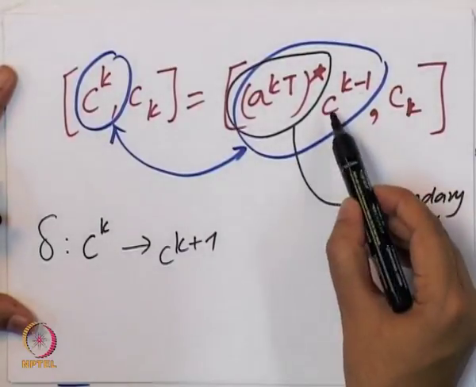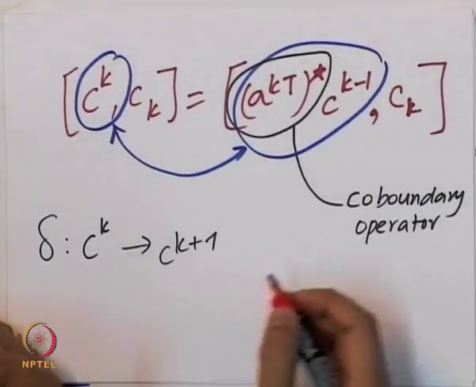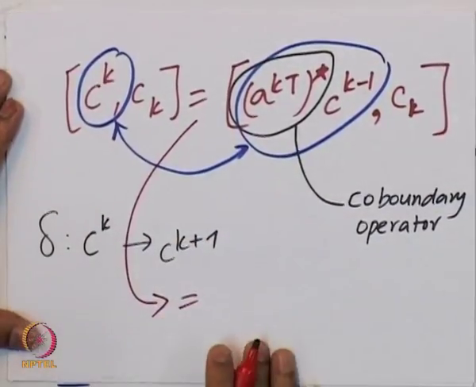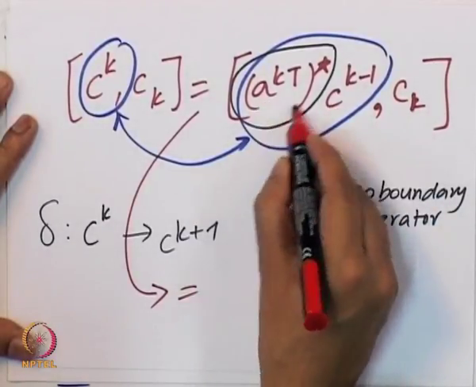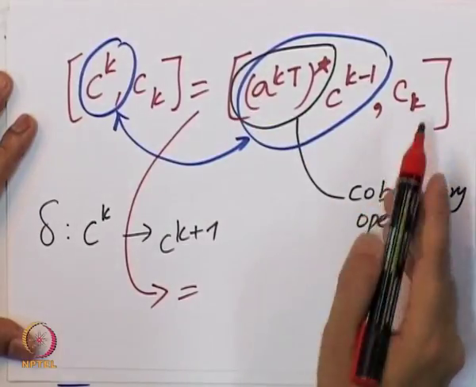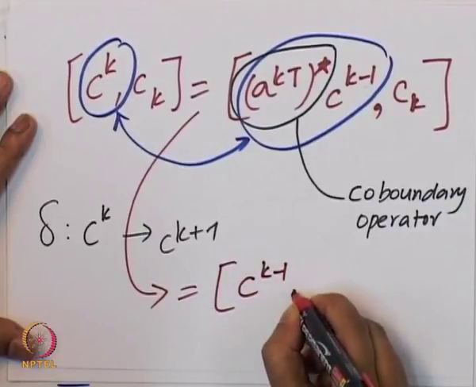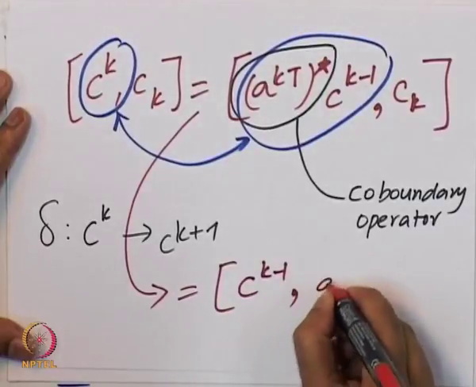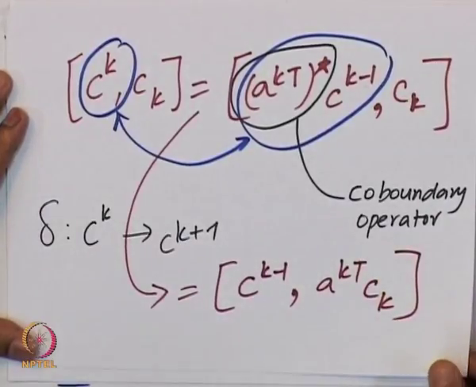And the second thing is, we know that we can change the order of this such that this is again equal to, we can take the co-boundary operator to the other side. So what will happen is, we have c of k minus 1 comma, so the conjugate complex gets away, and what we will get is only the value that is written like this. This is important. Let me write down this one more time.